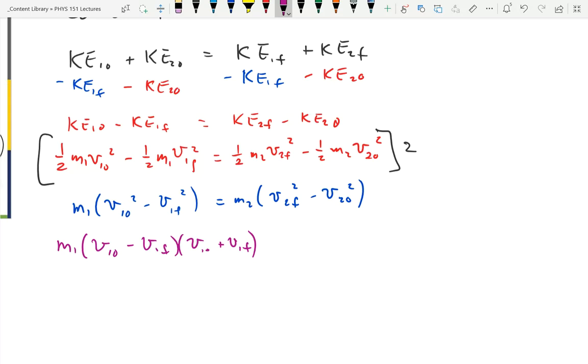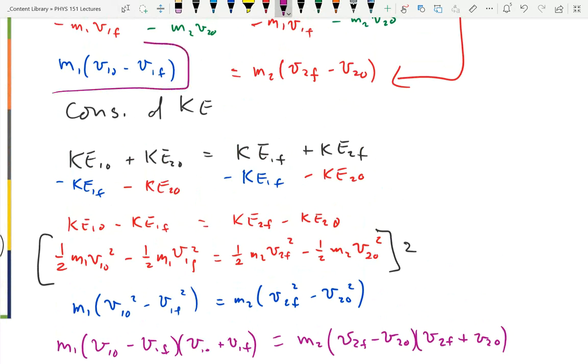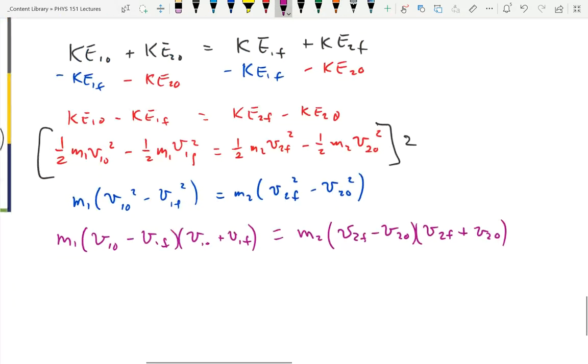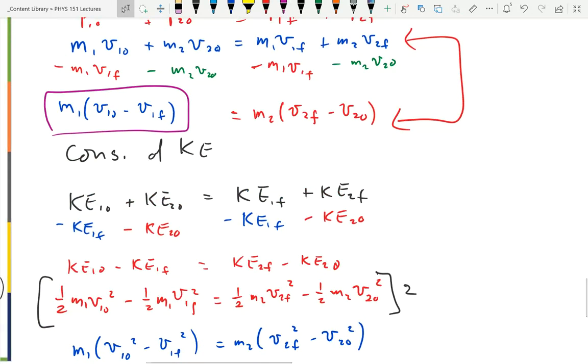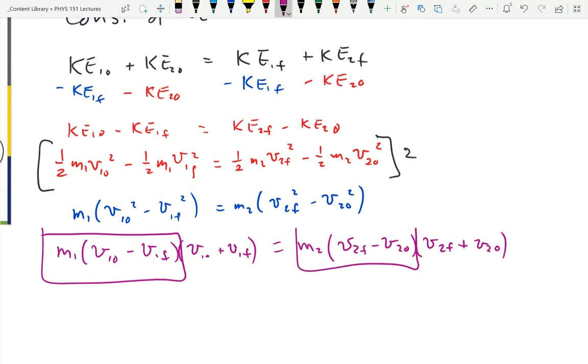So that's my left-hand side. My right-hand side is like unto it. V2 final minus V2 initial times V2 final plus V2 initial. But the thing is, this equation right here, that term is this. And this term is this.